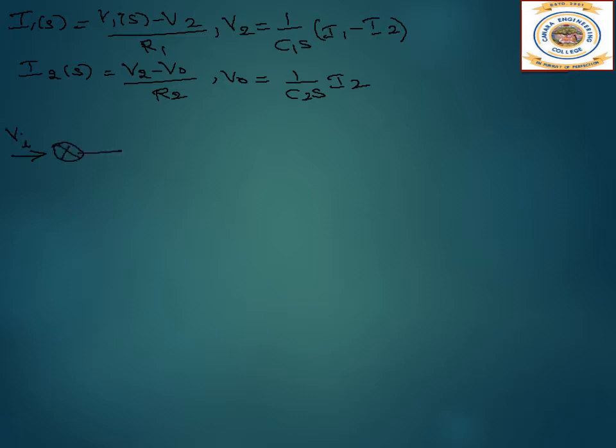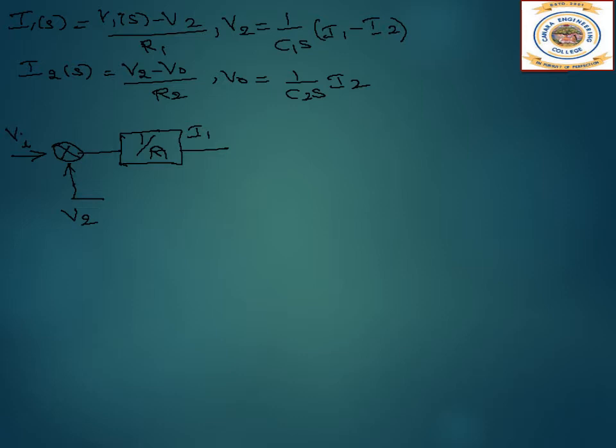What is the other end? Vi minus V2, so this comes from V2. I can write the 1 by R1 here itself, so we get the I1 signal.